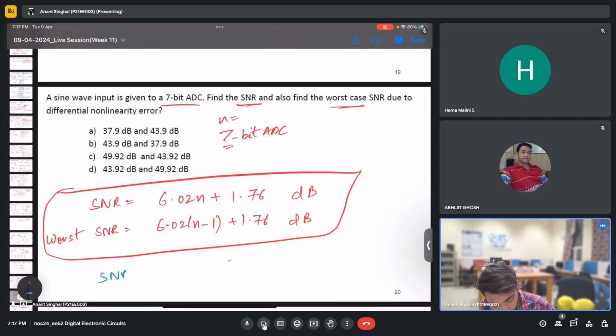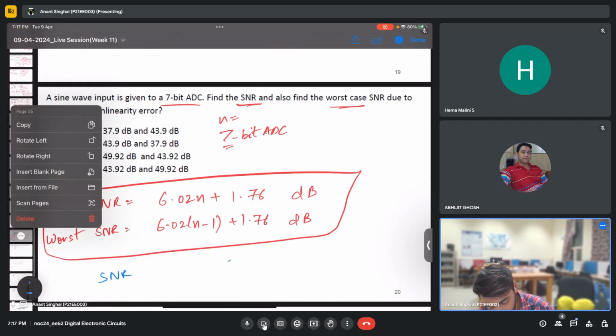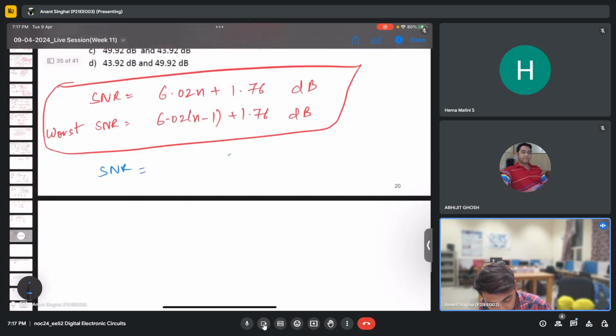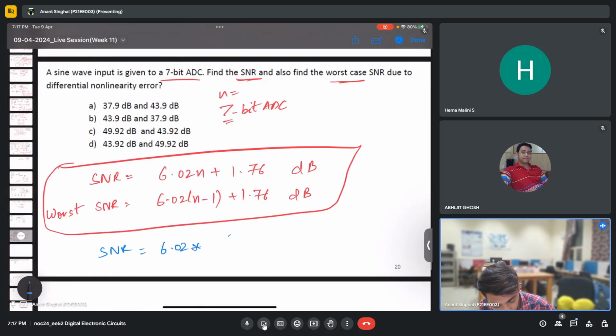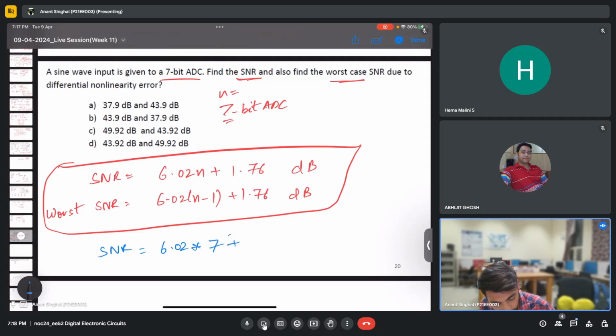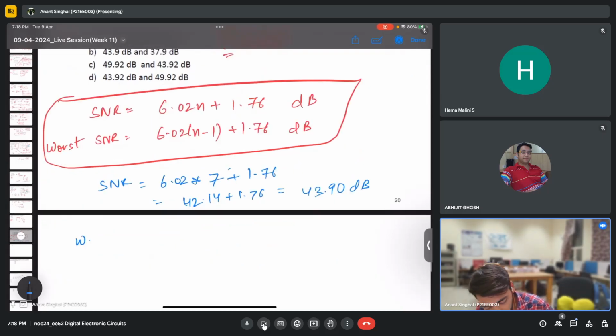So I'll calculate the SNR first, which is 6.02 times, so what are the bits? 7 bits, plus 1.76. This will give you 42.14 plus 1.76, which is 43.90 dB, and the worst case SNR is basically 43.90 minus 6.02, which will be the answer for this.